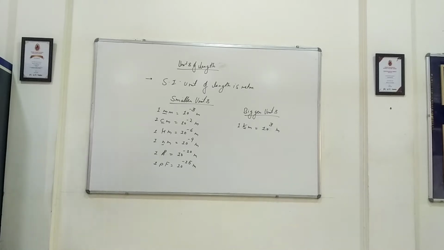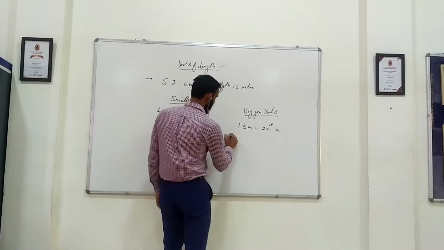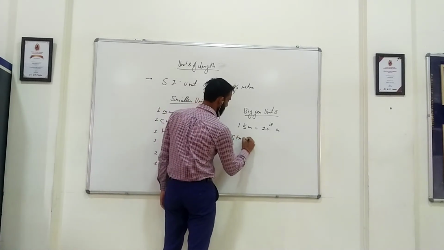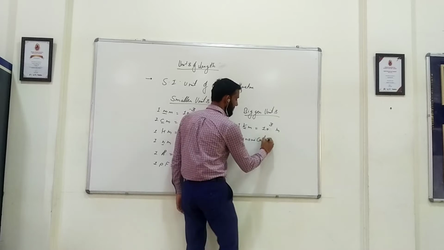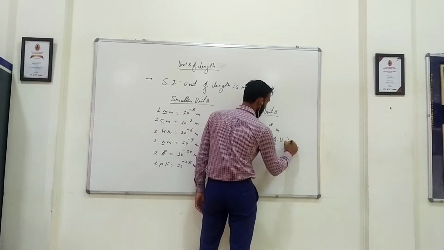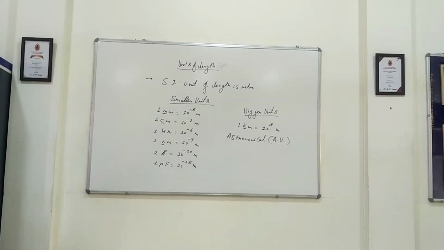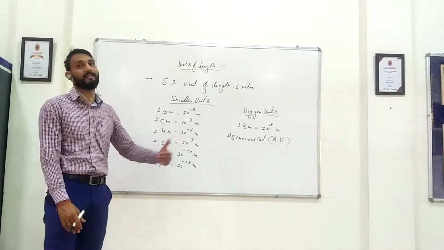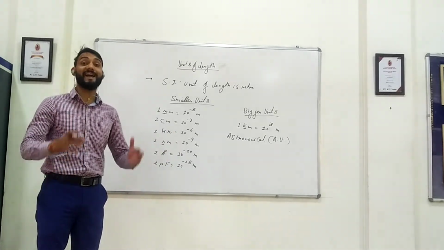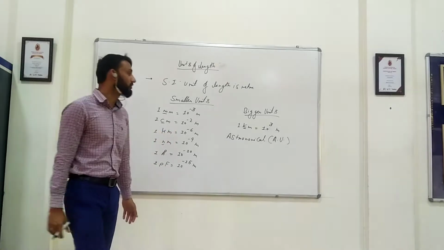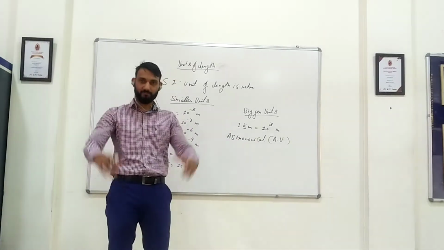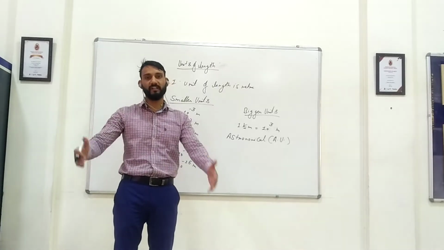And next we will discuss the astronomical unit. Astronomical unit is AU. How do we define this astronomical unit? It is equal to the mean distance between the Earth and the Sun. The distance between the Earth and the Sun is too big, so you cannot measure it in kilometers because that would be a very huge number.